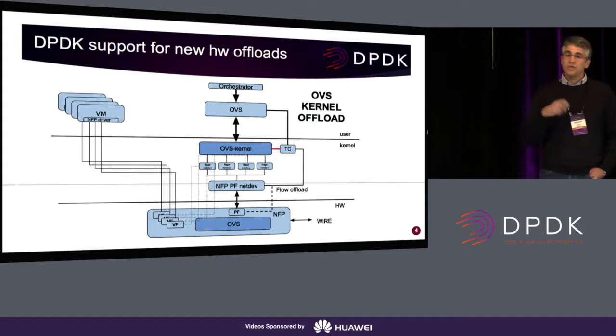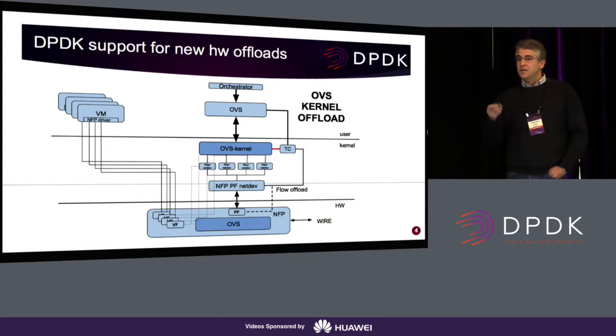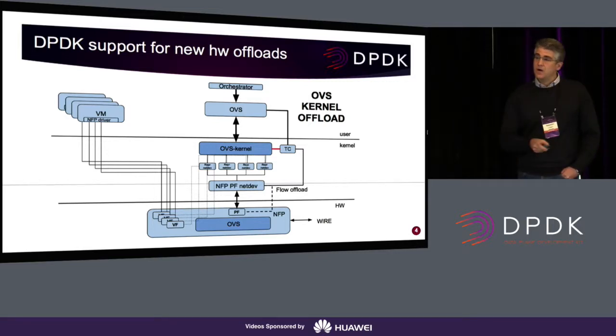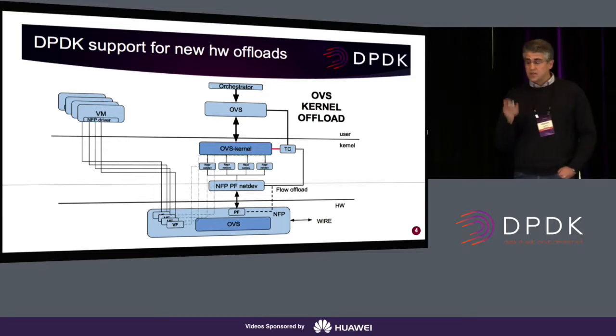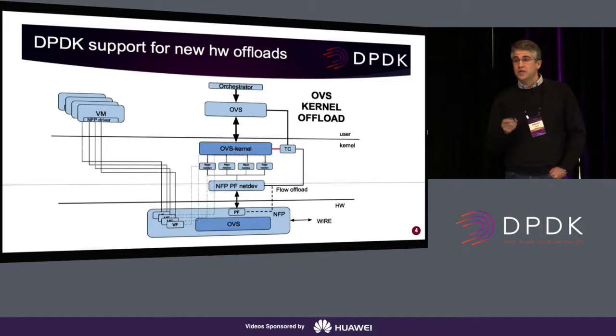If it's the driver with XDP, that I will talk about in a second, you can put the flow there, and if the NIC supports flow offload, the flow can go to the NIC. Okay, so this TC offload is key for our design, and as you will see, this is what we want to use in a hypothetical DPDK OVS offload with our technology.